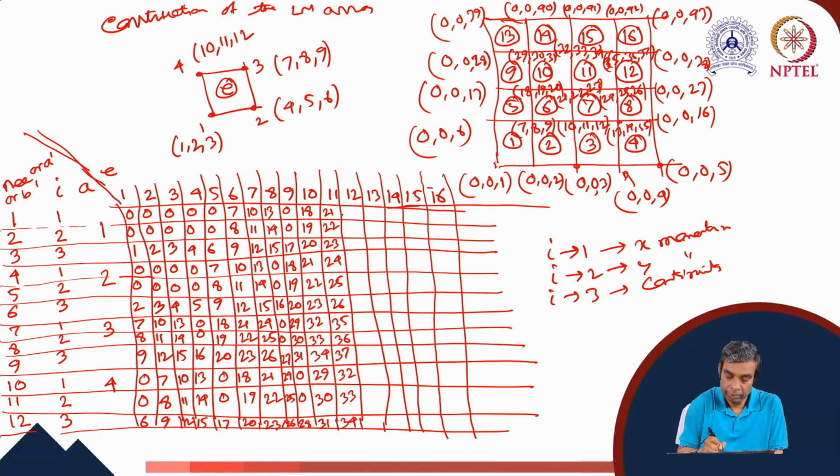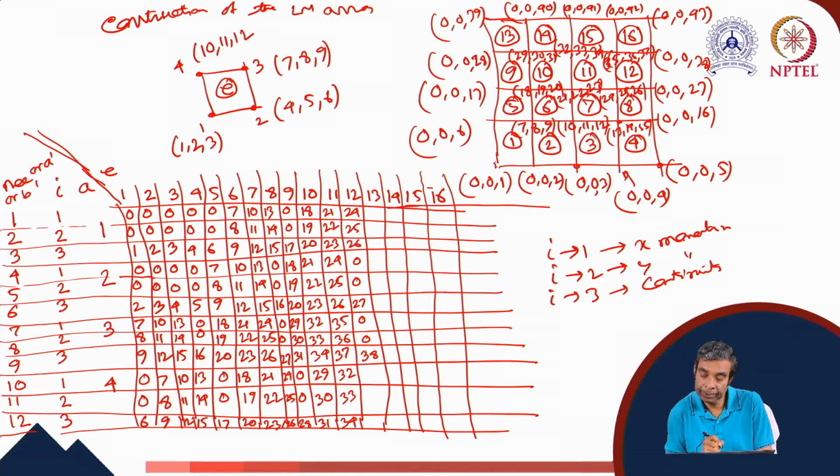It is 24, 25, 26. Then it is 0, 0, 27. Then it is 0, 0, 38. Then it is 35, 36, 37.